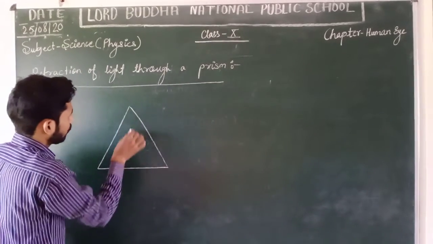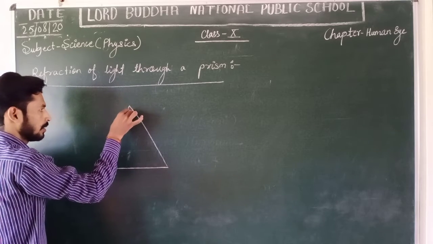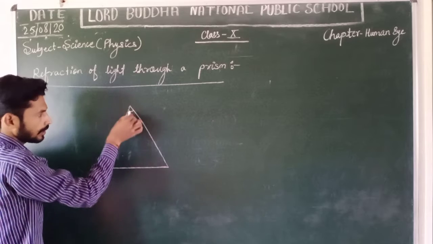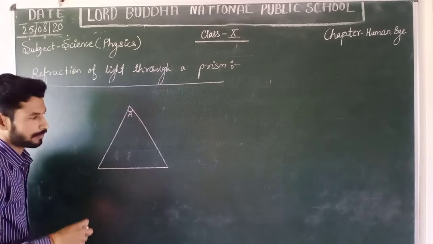In this glass slab, here there is a triangle, and this is the angle of this triangle, that is the angle of the prism.